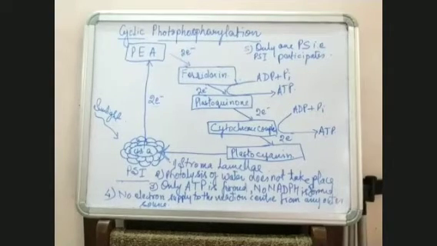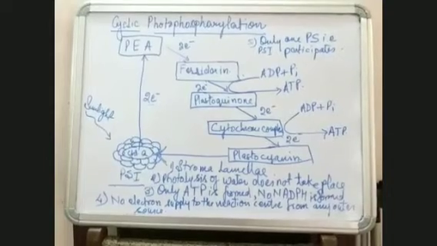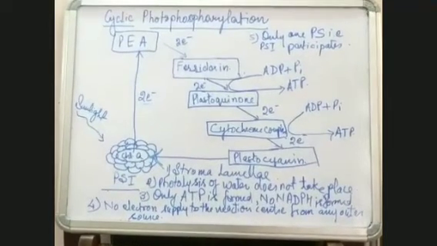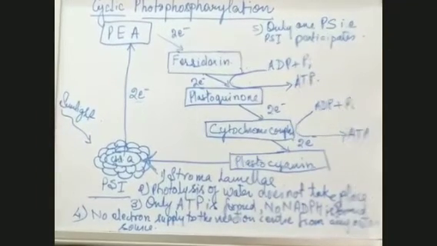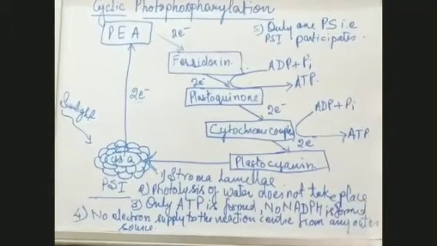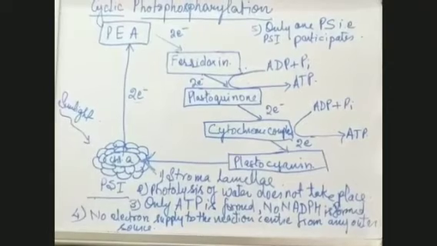So children, we have finished with cyclic photophosphorylation. Both the topics are very important from the examination point of view also, because many questions are asked from these topics, like photophosphorylation, LHC, light harvesting system, antenna complex, reaction center.